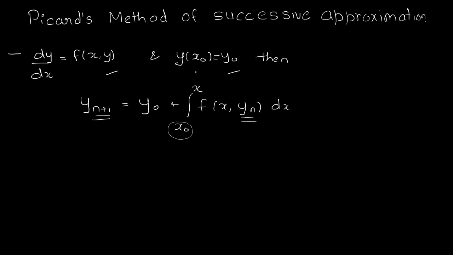Now how we will start with such problems is that y of x naught is equal to y naught is given. The next step is finding y1. If I want to find y1, in this formula it will be y naught plus the integral from x naught to x of f of x comma y naught dx.